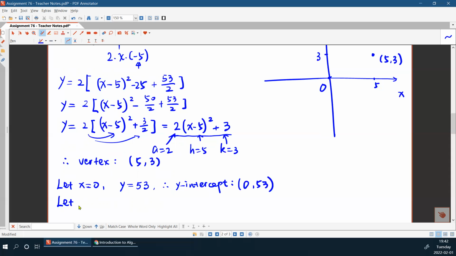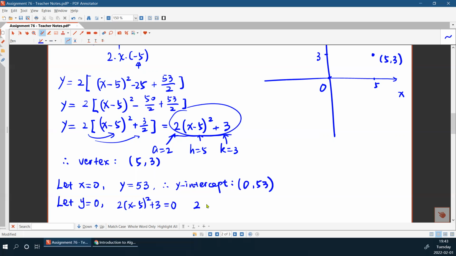Next, we can try to find its x-intercepts, if any. That means we can let y be 0 to solve for x. It's better to use the vertex form here, that means 2 times (x minus 5) squared plus 3 is 0.